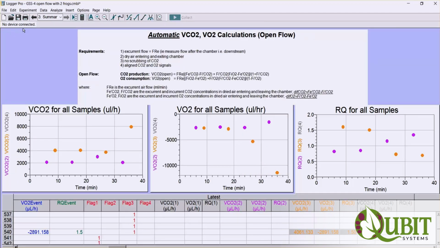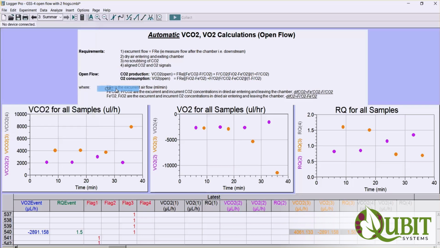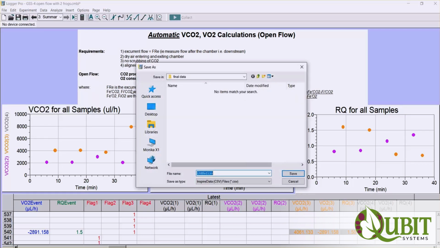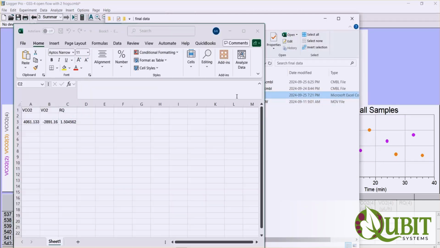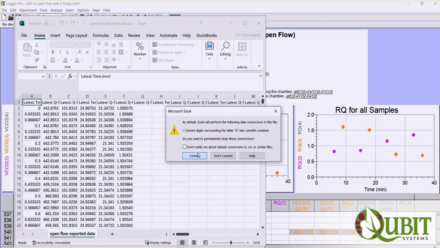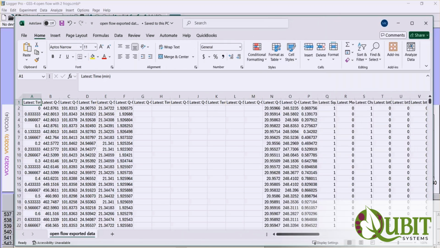Or the other way is you can go into File, Export As, and select CSV, and then put that data in whatever folder. Select the folder. So this is the OpenFlow exported data. Then you can open that data directly in Excel, and you will have to convert it, of course, and you will see all the data come across.